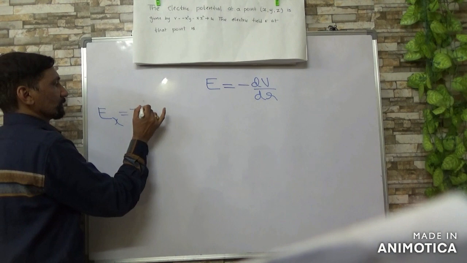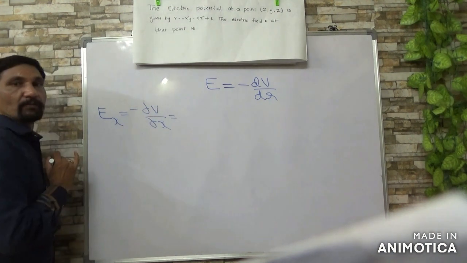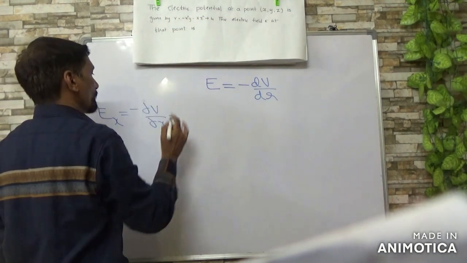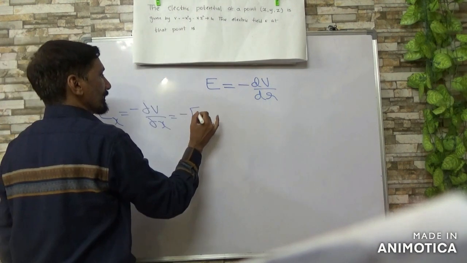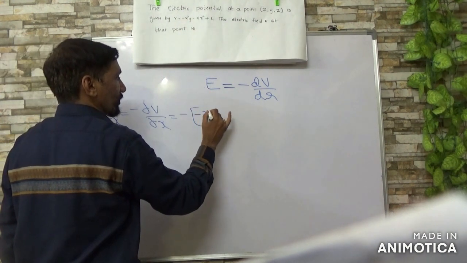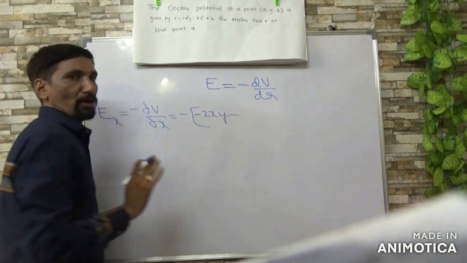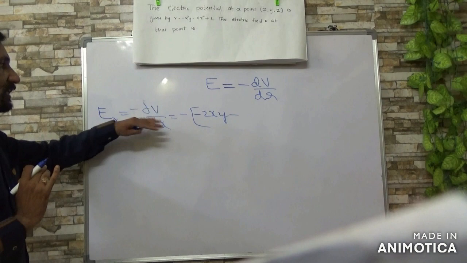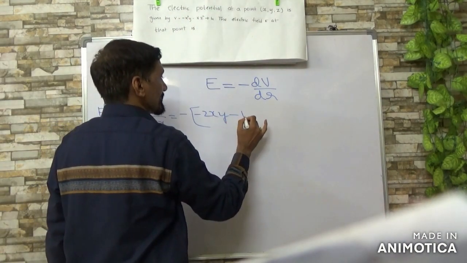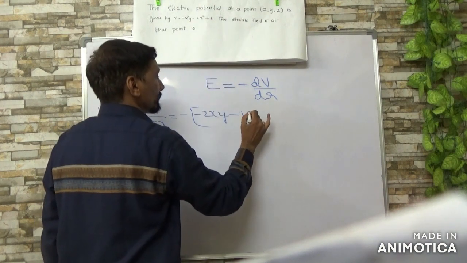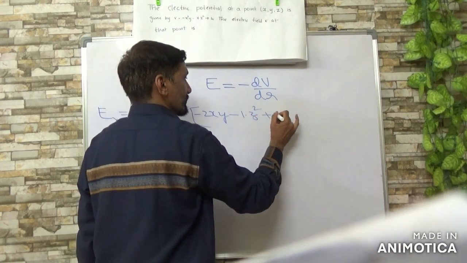So Ex is minus ∂V/∂x. This is the given function. Minus of, the derivative of x squared y is 2xy, and with y taken as a constant because you are differentiating partially with respect to x, then minus x z squared, plus constant 0.